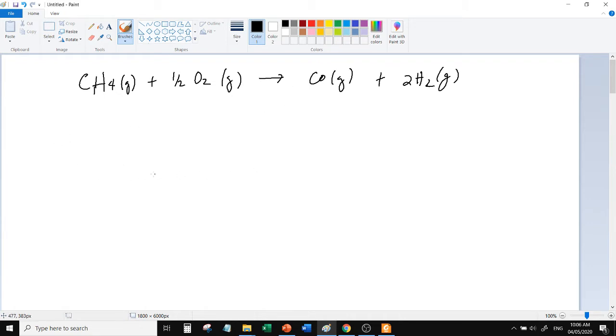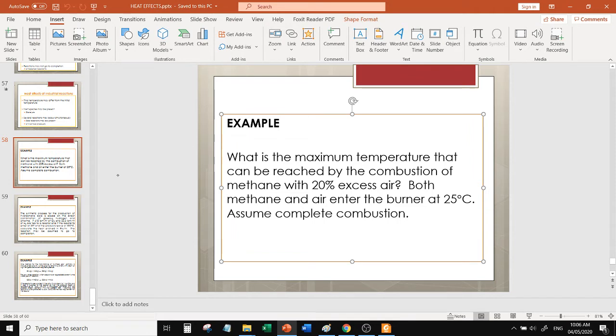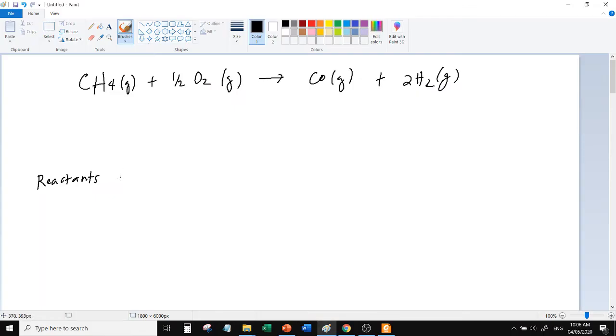So let's say these are our reactants, at the temperature stated in the problem, which is 25 degrees Celsius, so let's say 298 Kelvin.